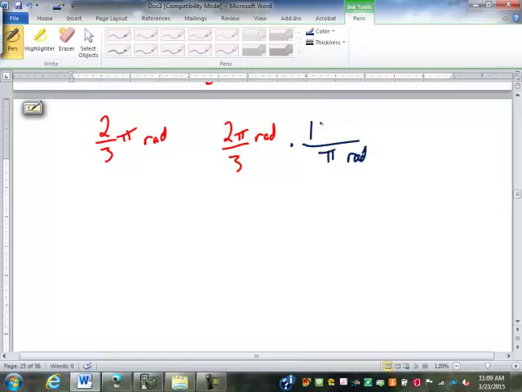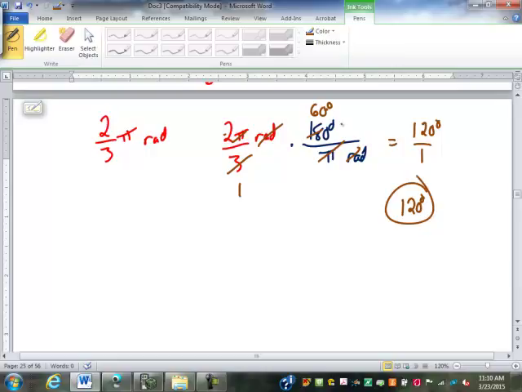Pi radians go on the bottom, 180 degrees on top. So the radians cancel and the pi's cancel out. Now 3 and 180 can cross cancel, this can be 1 and 60. 2 times 60 degrees is 120 degrees. 1 times 1 is 1, so that's just 120 degrees.